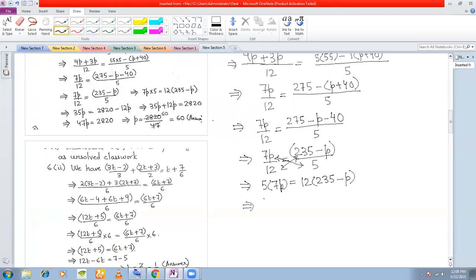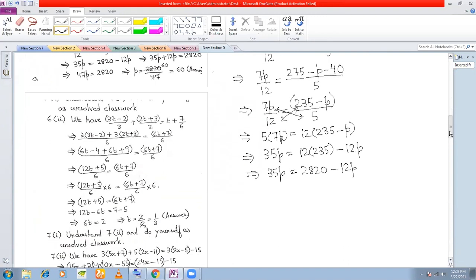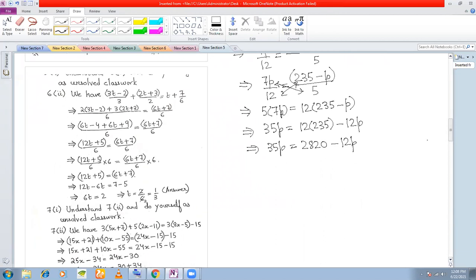That means 5 into 7p will give you a 35p. 12 into 235 minus 12 into p, which is 35p is equal to 12 into 235 is 2820 minus 12p. Right? Now we have removed all the fractions. This completes step 1. Step 2 is to bring the variables on the left hand side or the right hand side. Let us bring 12p to this side.